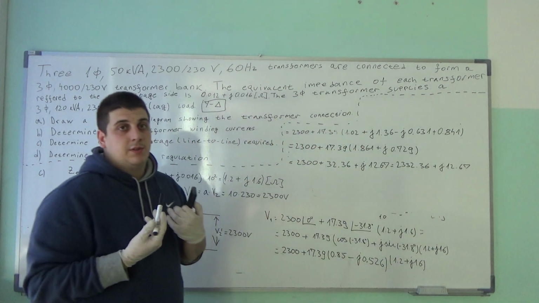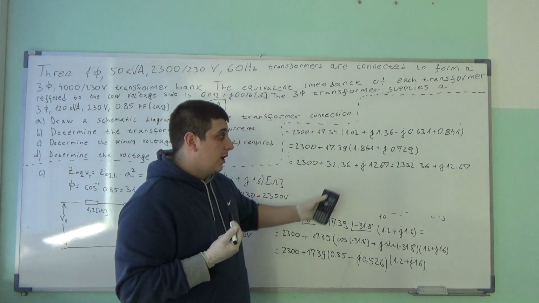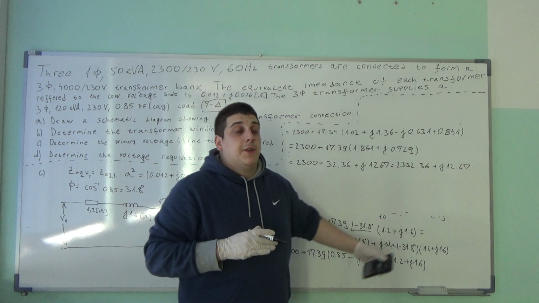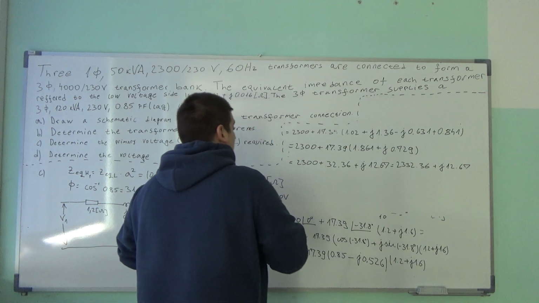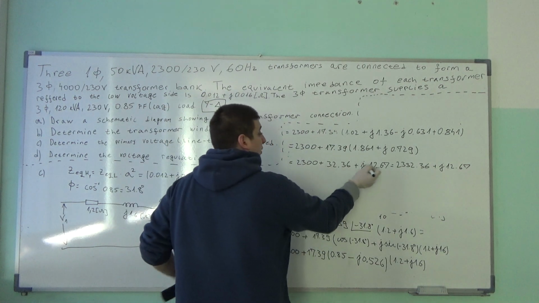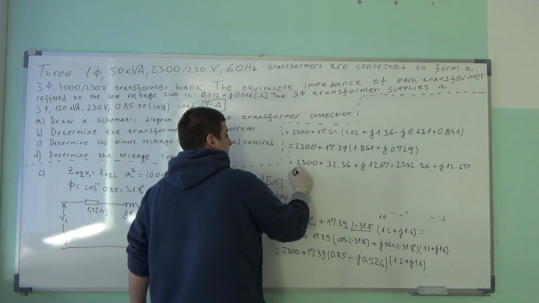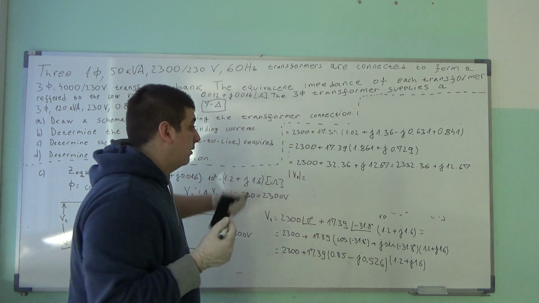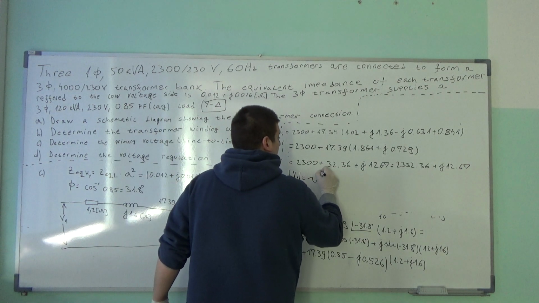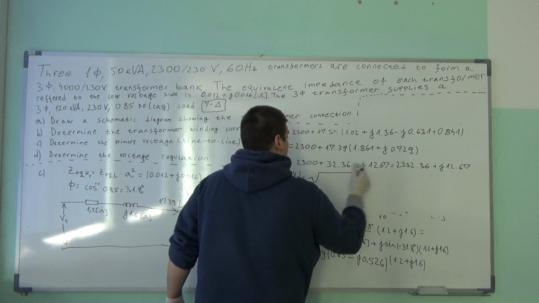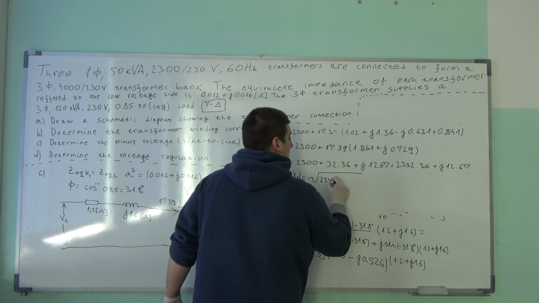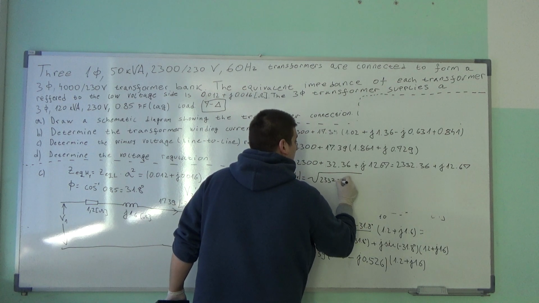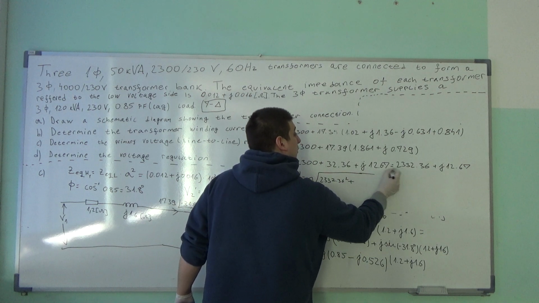Now, this isn't very nice, so we are going to calculate the magnitude and the angle of the phase voltage. So the magnitude V1 is equal to the square root of this squared, with Pythagoras theorem, plus this squared.